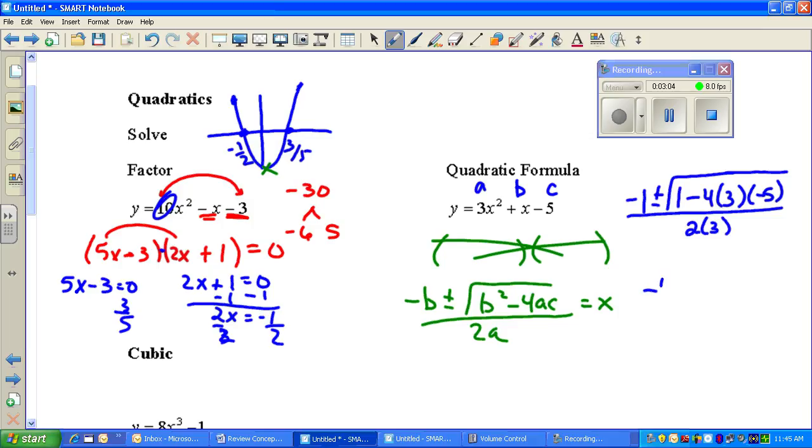So simplifying this, I have positive 61 inside, which I don't know the square root of off the top of my head, nor am I going to estimate it. Now this is equal to x, and that's telling me where I'm going to hit my x-axis. So you need to know the quadratic formula and the idea of factoring and solving.